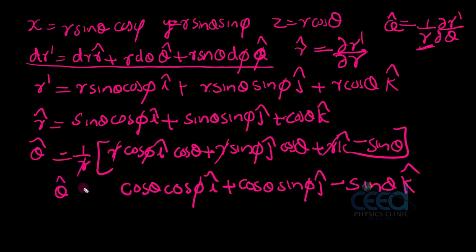Now what is φ̂? From this expression, φ̂ is, you have to divide with this term. The remaining part has no variable of φ, so when you differentiate this will be 0.